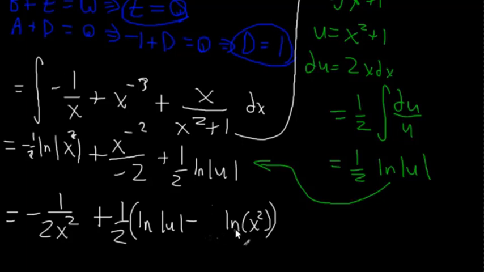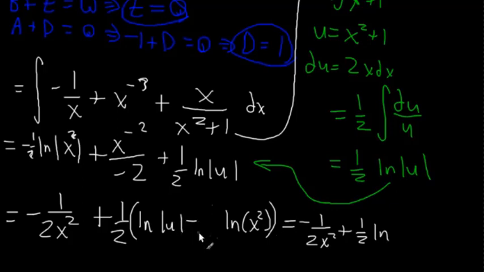And so, you know the logarithm rule of subtracting 2 logarithms with the same base? That's just the same as saying we still have -1 over 2x squared, and then plus 1/2 times, you're going to have the numerator over the denominator in one big ln.